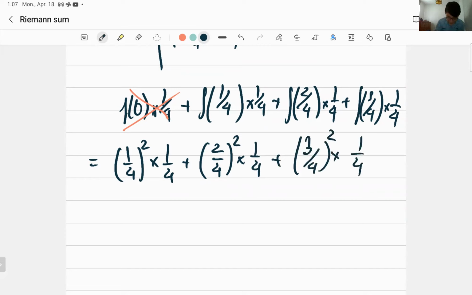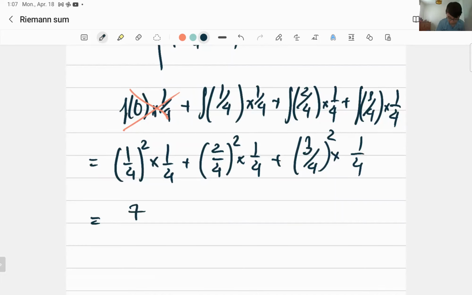Pretty cool. And now for the remainder, just take your calculator. If you already solved that in your mind, you're way better than I am. So 1/4 squared times 1/4 plus 2/4 squared times 1/4 plus 3/4 squared times 1/4, and the answer is 7/32.